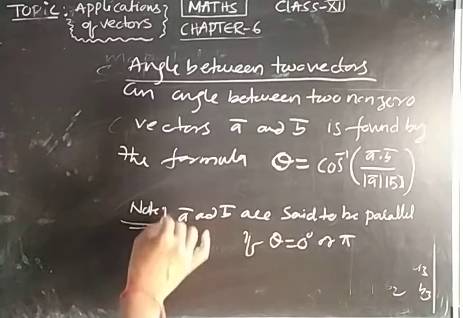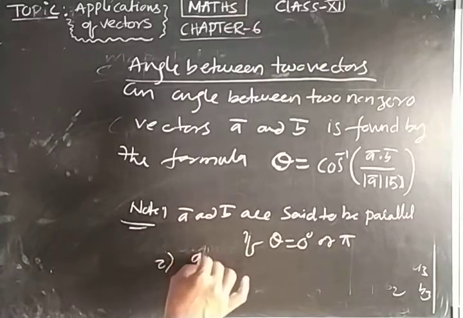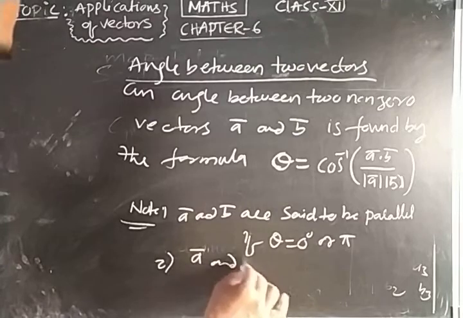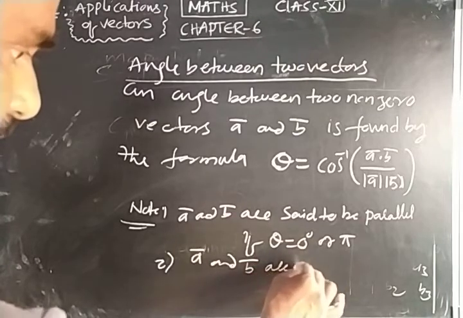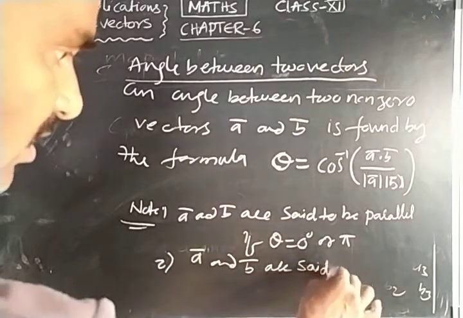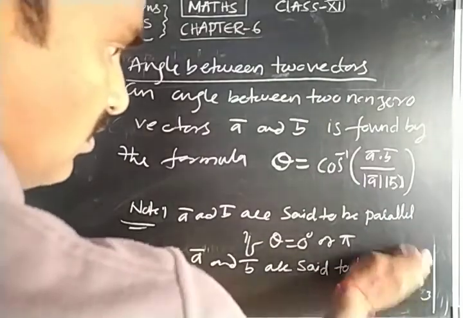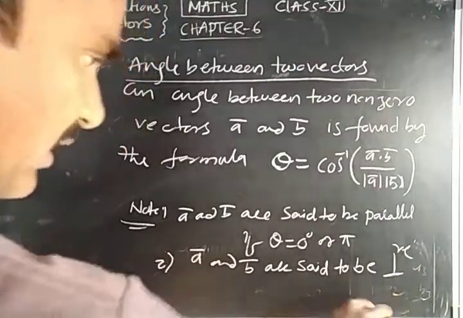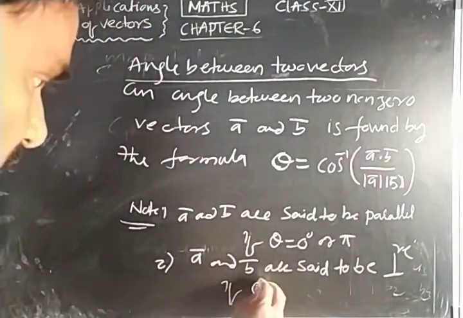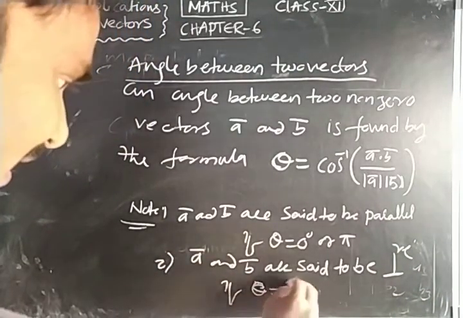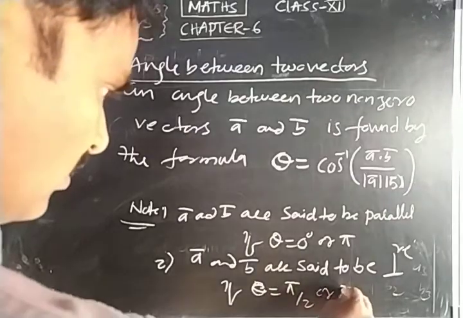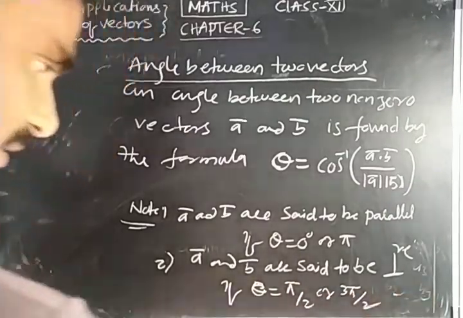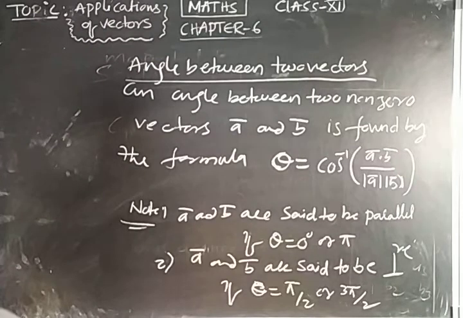And note 2: a bar and b bar are said to be perpendicular if the angle theta is 90 degrees, or 3 pi by 2, that is 270 degrees.